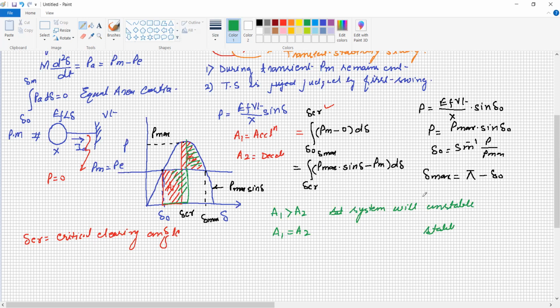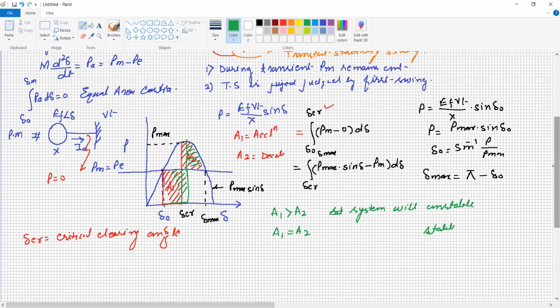Otherwise, the system is going to be unstable. So our requirement is that we should have more deceleration area. Our objective is to increase the deceleration area.